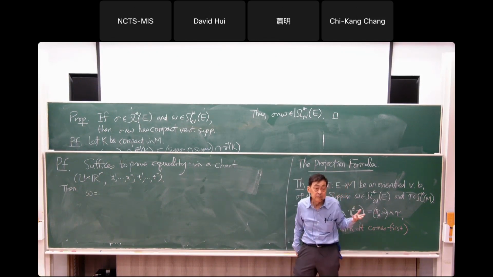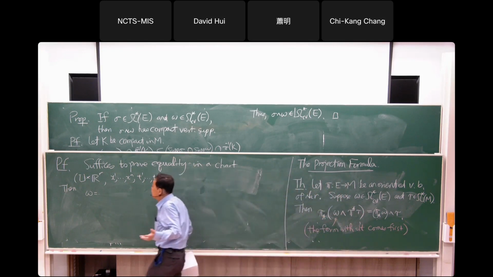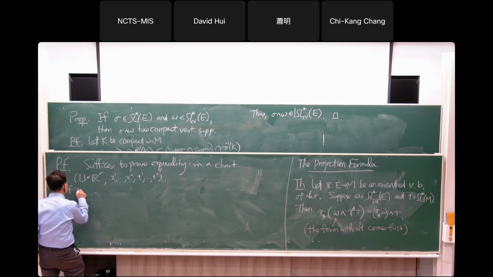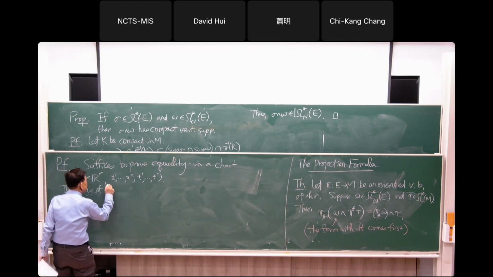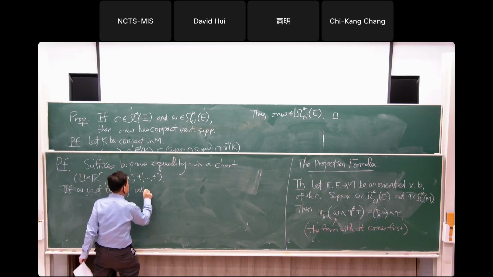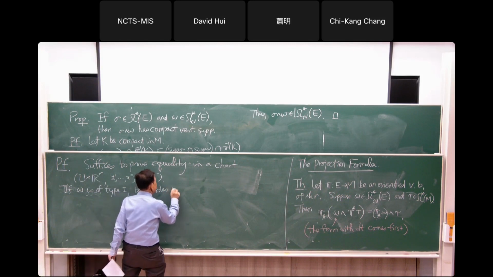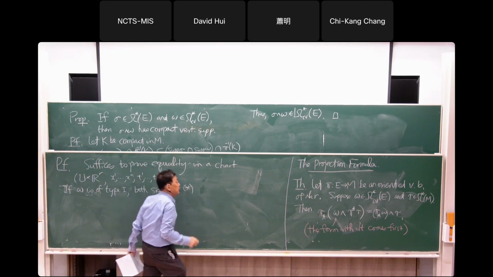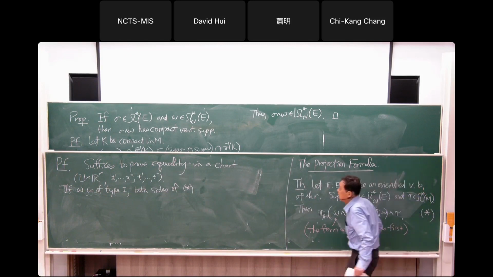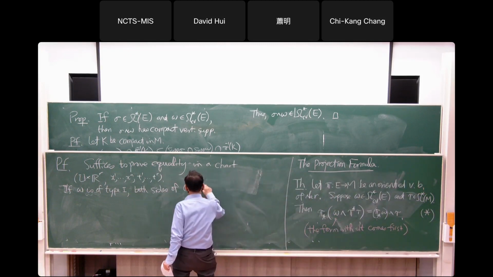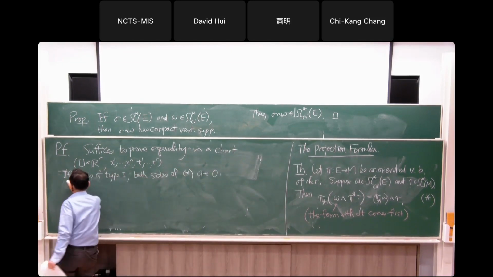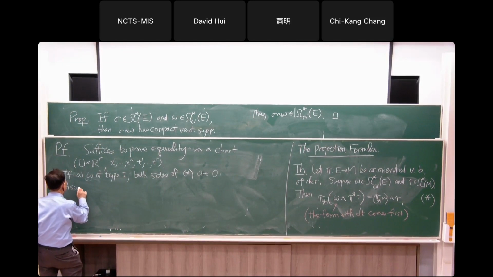So if omega has type 1, both sides of the projection formula are 0. So you can assume that omega has type 2.